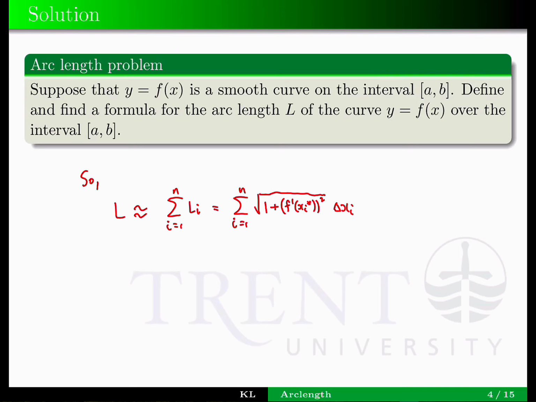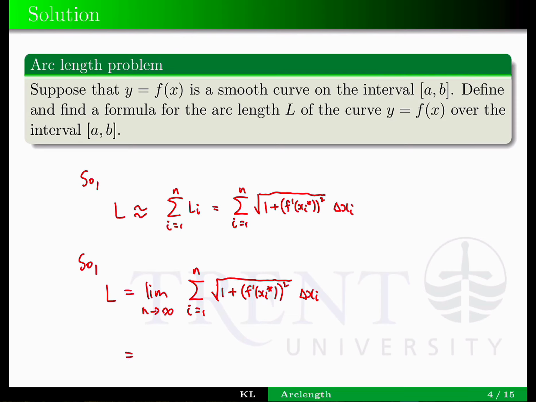Then we pass to the limit as n approaches plus infinity. So L equals the limit as n approaches plus infinity of the summation from i equals 1 up to n of the square root of 1 plus f prime of x sub i star squared, multiplied by delta x sub i.